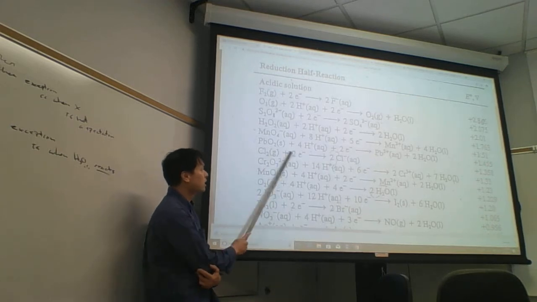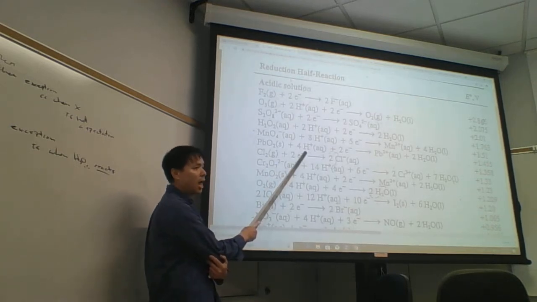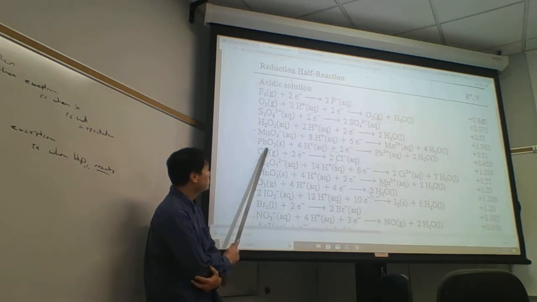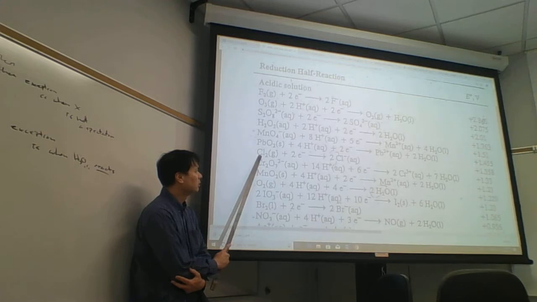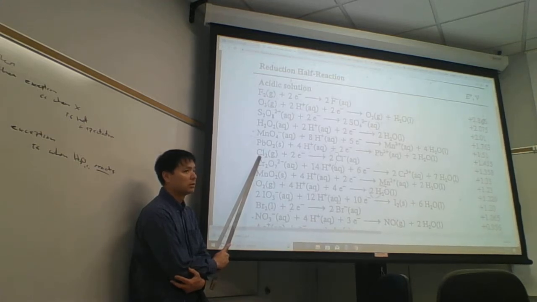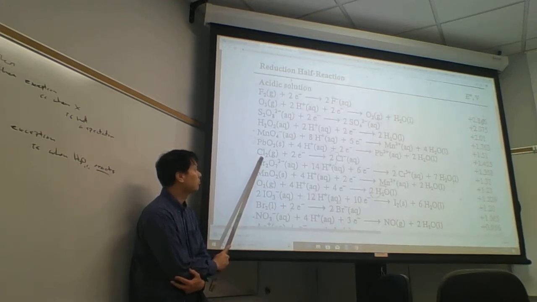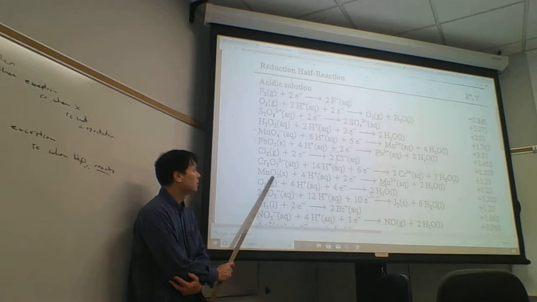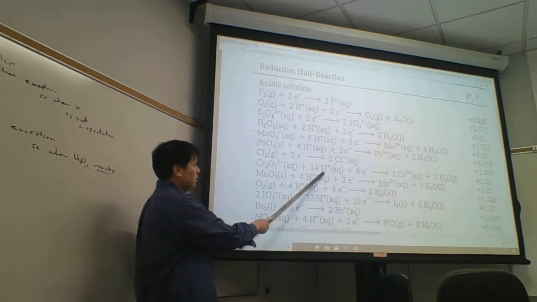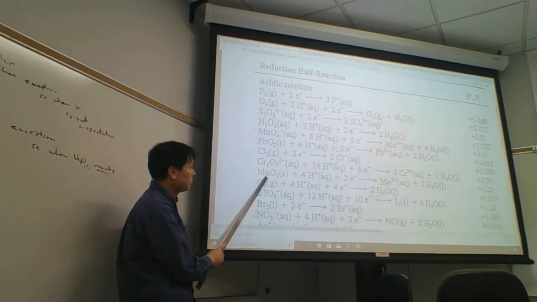This is lead 4 oxide, in acid. What's this one called? Chlorine or chloride? Chlorine. This one? Dichromate, good. Dichromate in acid. This one?